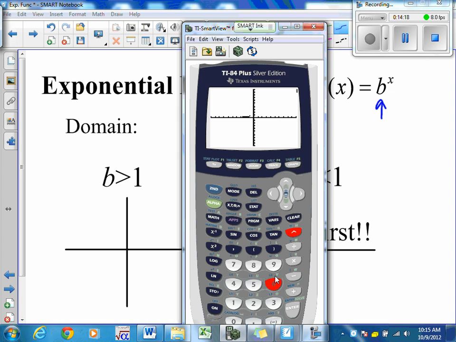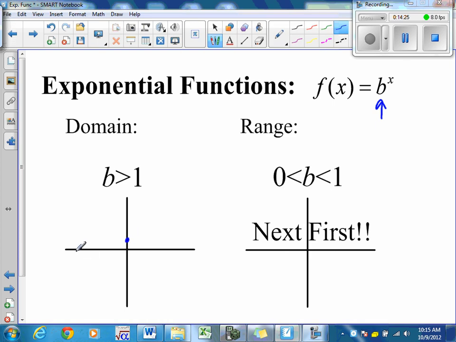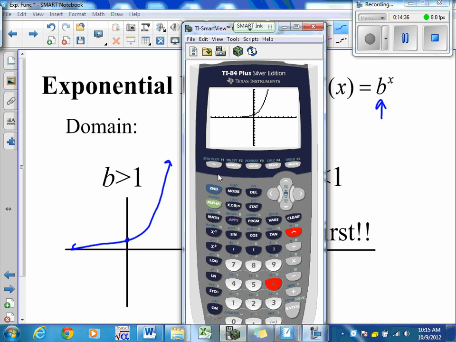We looked at this last week on the review. We get a graph that looks like that. So it goes through the point 0, 1 and curves up like that. And it probably levels off here more, I didn't draw it very well. But you can see that's what it looks like.